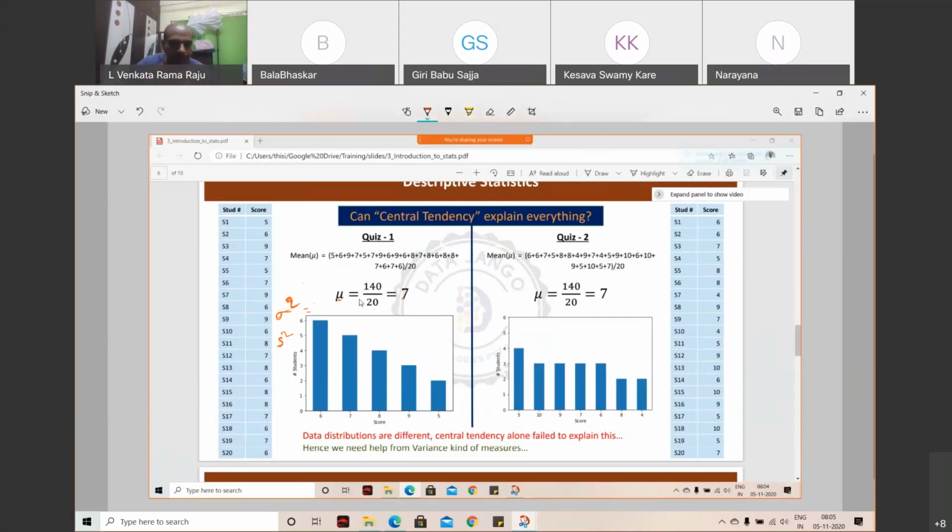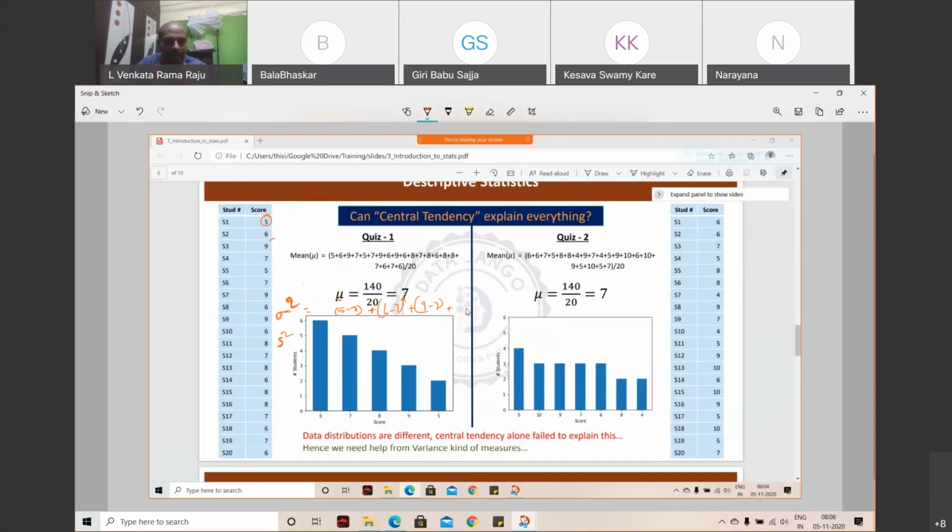So the distance between this number and the mean is 5 minus 7, plus the distance 6 minus 7 for the second number, plus 9 minus 7. We take the data point and the mean.